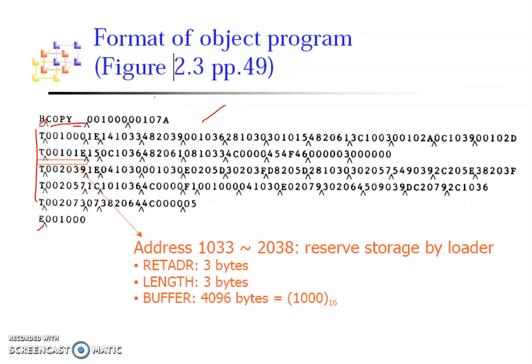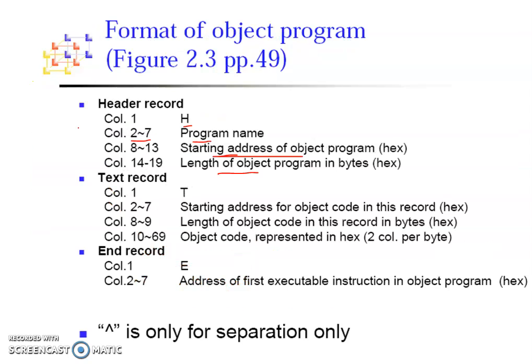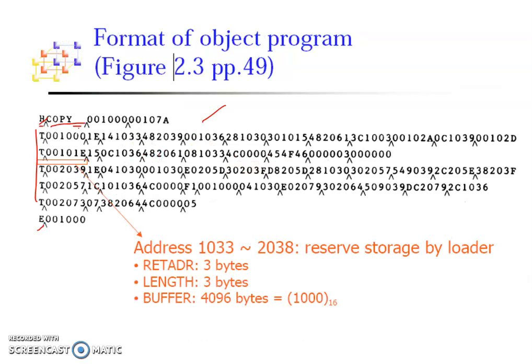COPY has only 4 characters, so it occupies 4 columns, and the remaining 2 columns are left as such. Then columns 8 to 13, again 6 columns, are used to store the starting address of the object program. Here the starting address is 1000, so it is stored as 001000.